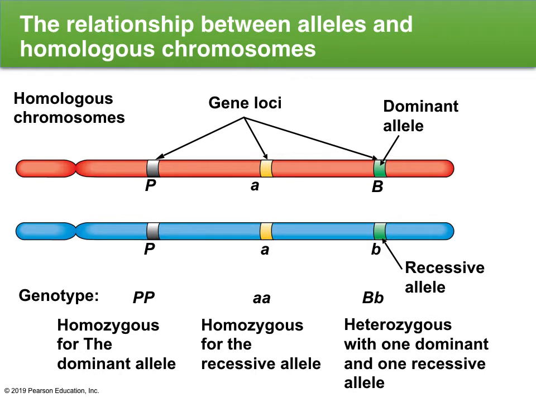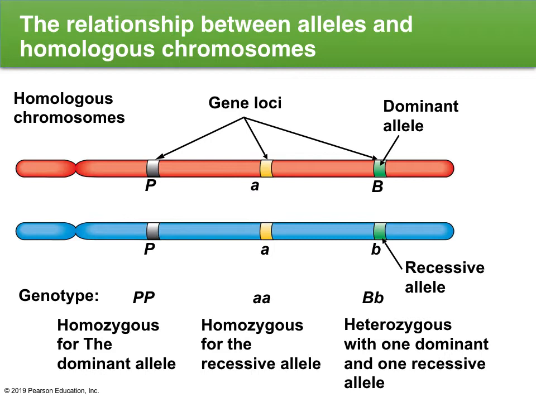Now we're going to look at three loci. At this locus, the offspring being produced is going to have two copies of the dominant allele. This is homozygous dominant: if they got two of the same allele and it's dominant, that's homozygous dominant.